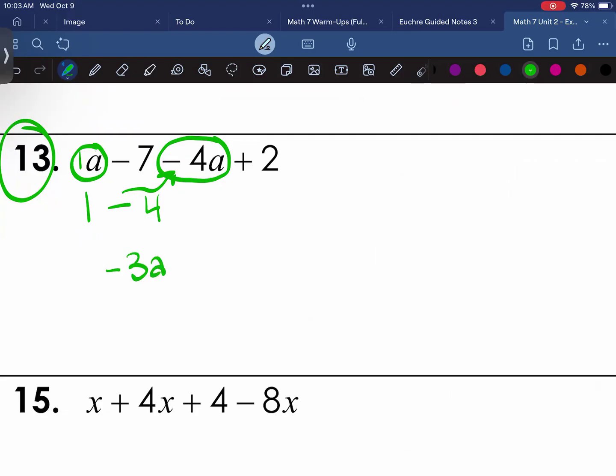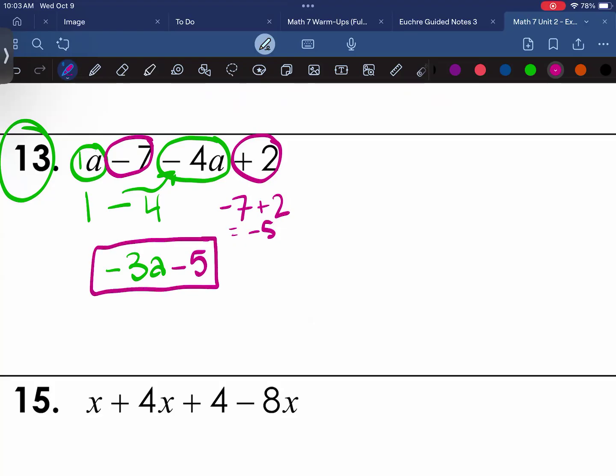Don't forget, it's still A. So we had 1A and then we took away 4 A's. So we have -3 A's. And then my constants, -7 plus 2. So -7 plus 2 would get me -5. So I'm going to minus 5 at the end of my expression.